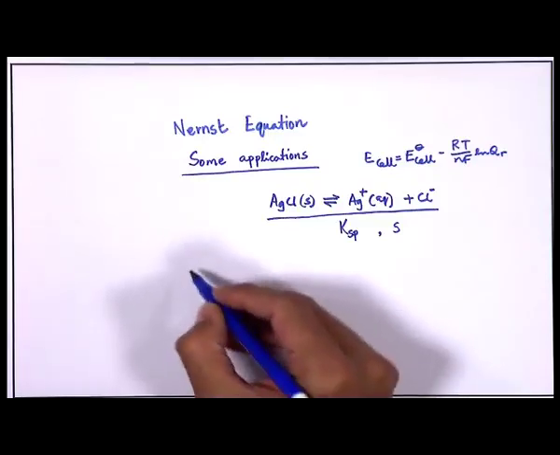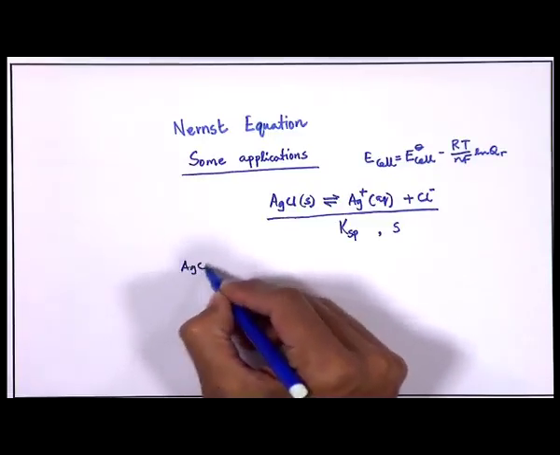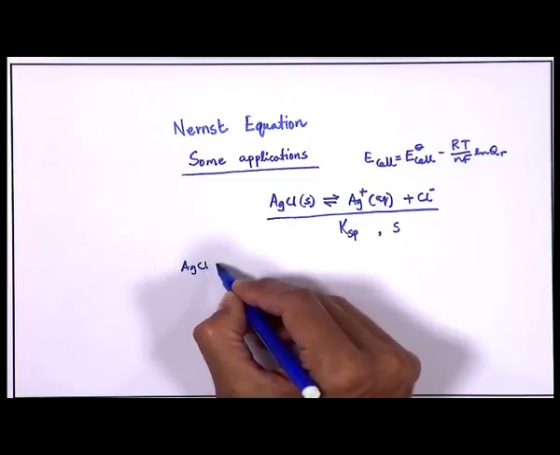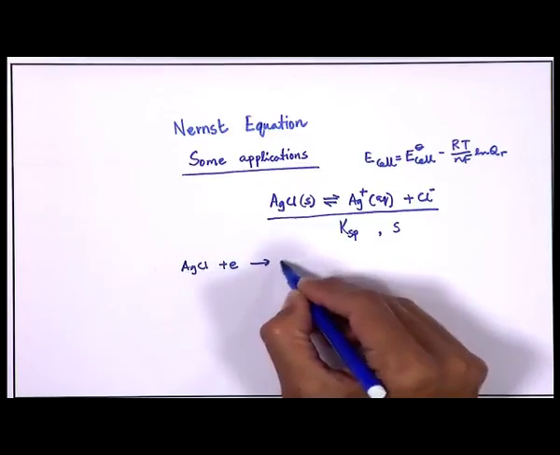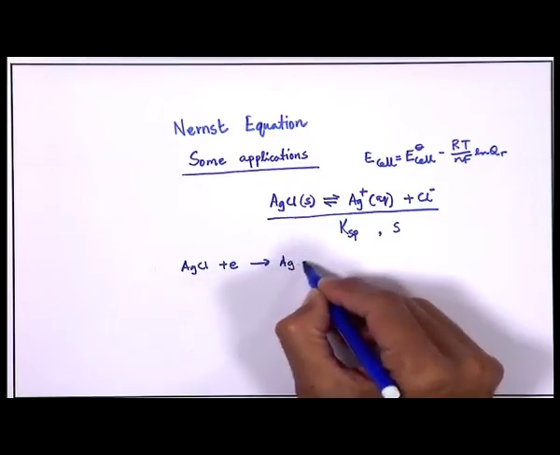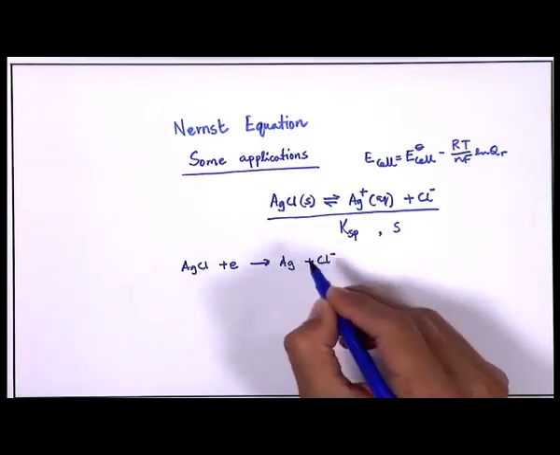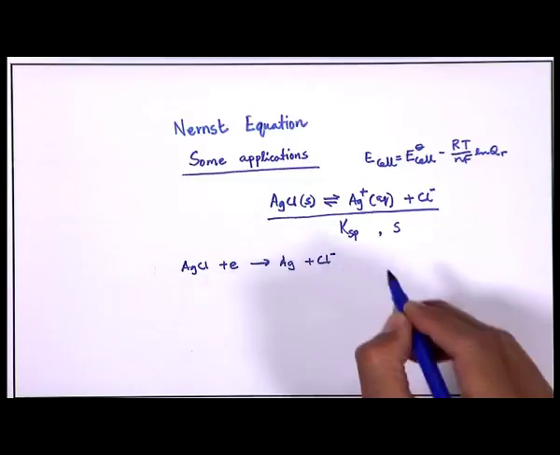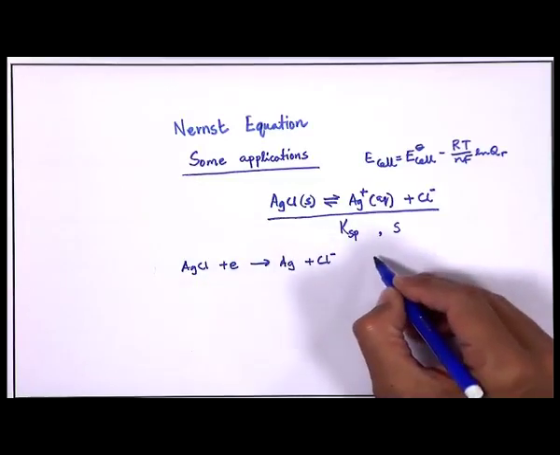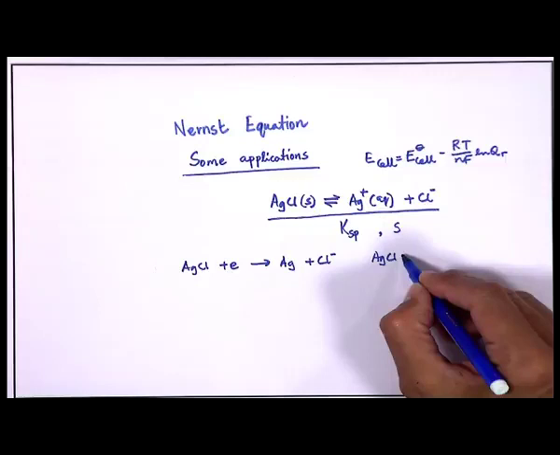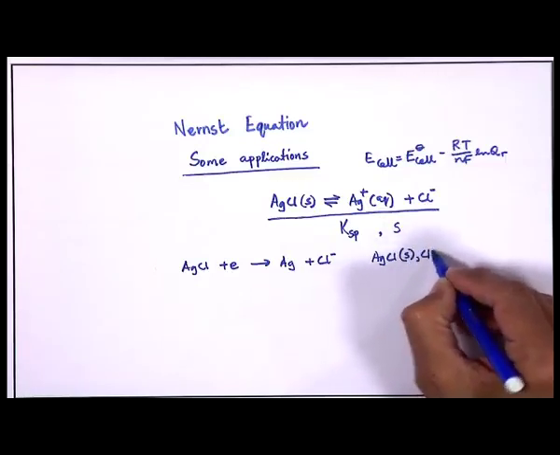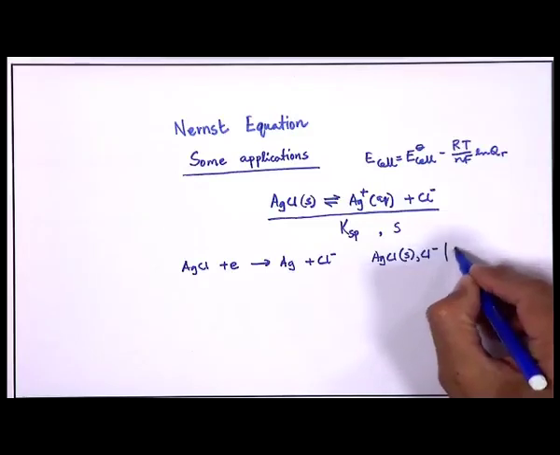One is AgCl plus electron giving Ag plus Cl minus, and its corresponding electrode half cell representation is Cl minus, AgCl solid, Ag.